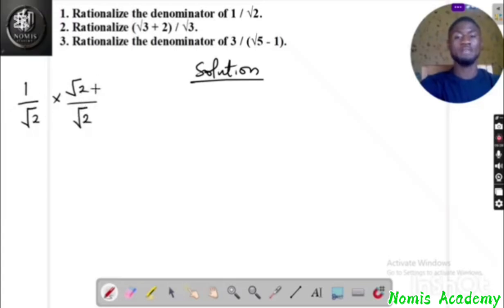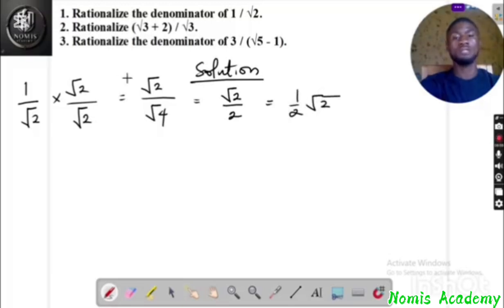So the additive inverse is just plus root 2. So this will be root 2 all over root 4. Root 4 is just 2. So this is root 2 all over 2, and that is 1 all over 2 root 2. So it's as simple as that.